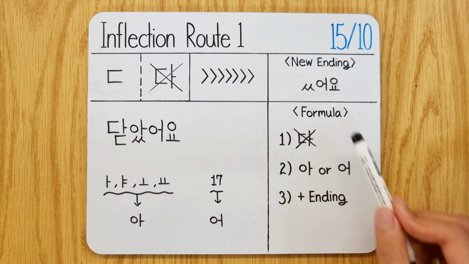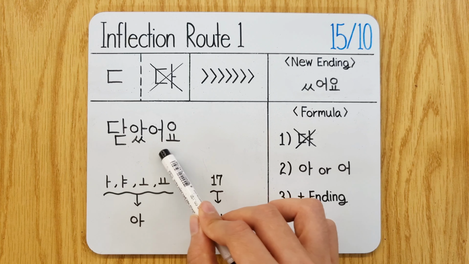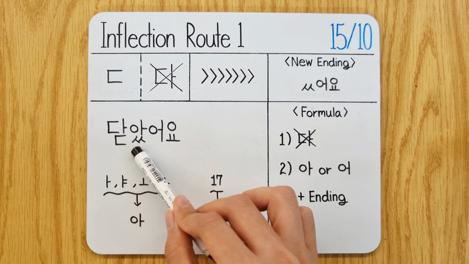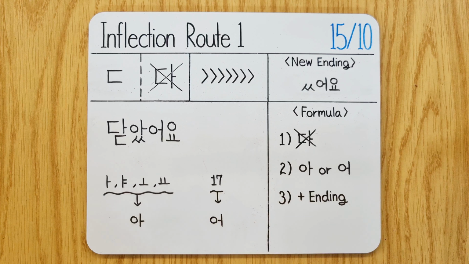Now, according to the 3-step formula, we have 닫았어요, which is the actual form past tense of the verb close, which is closed.